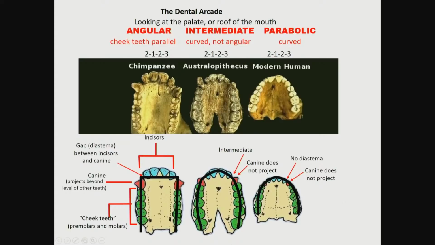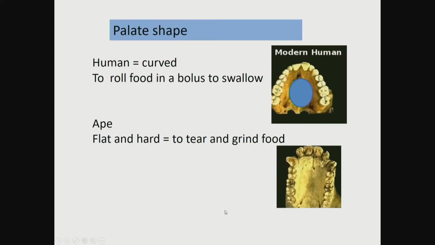And there's the intermediate one. The palate shape is curved, and the reason for that is to roll food in a bolus to swallow, and in apes it's flat and hard to tear and grind the food. So again, spaces, no spaces. Large canines, small canines.